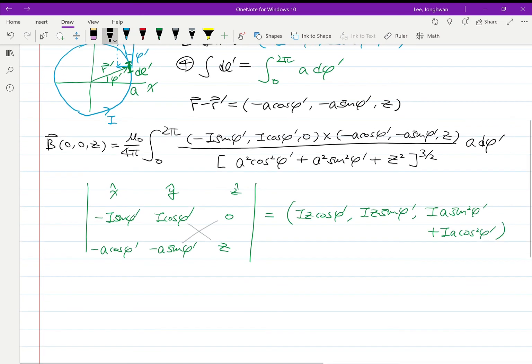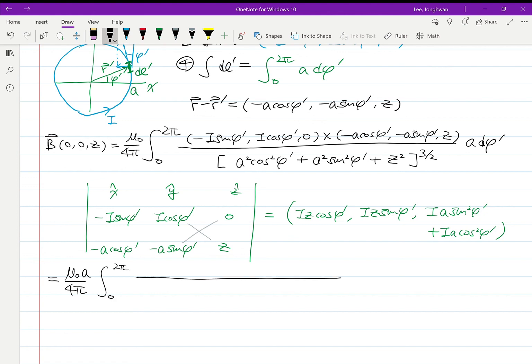So if you plug this in, then we have the a from the a d phi prime out of the integral. So we have mu naught I a over 4 pi. Sine squared plus cosine squared equals 1, and the denominator.